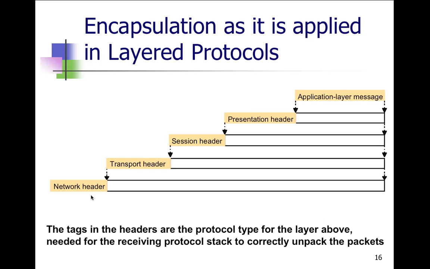And the data is going to be nothing more than the format of the sending and receiving of those packets, datagrams, or whatever happens to be associated with that communication protocol. So the tags and the headers are the protocol types for the layers above. These are the tags needed for a receiving protocol stack to correctly unpack the packets.